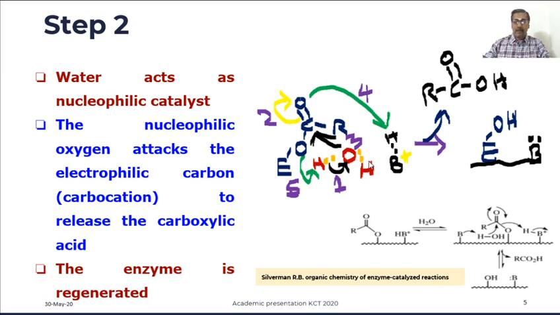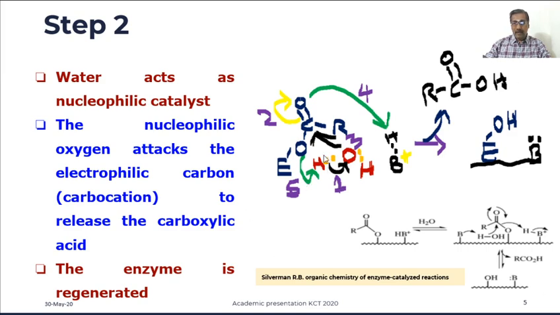Please recall the chymotrypsin mediated reaction. There, even in the deacylation mechanism, we used water as a nucleophile. The same mechanism is also adopted for ester hydrolysis. In the deacylation process, water will act as a nucleophile. So how is it acting? You see the reaction mechanism.